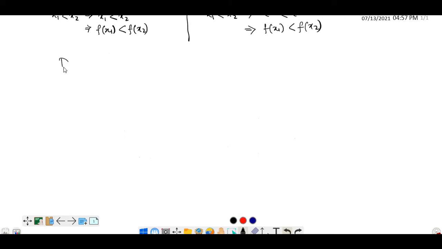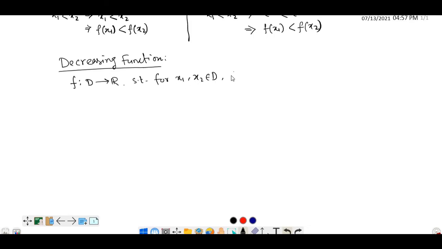So next is the topic decreasing function, and similarly there will be the topic strictly decreasing function. So suppose I'm taking f from D to R such that for x1, x2 belongs to D, where x1 is less than x2, this is implying that f of x1 is greater than or equal to f of x2.